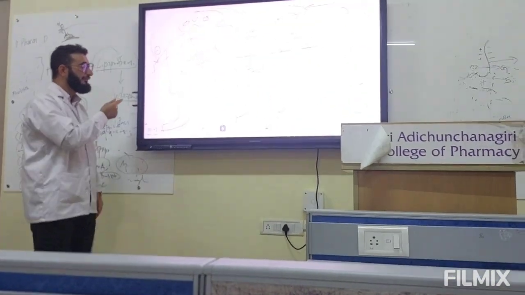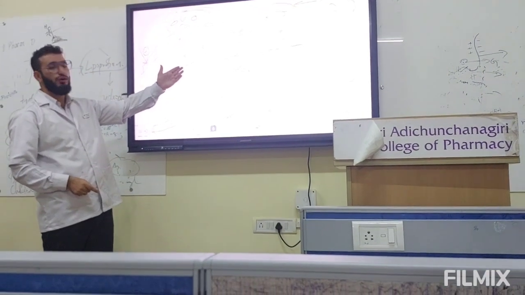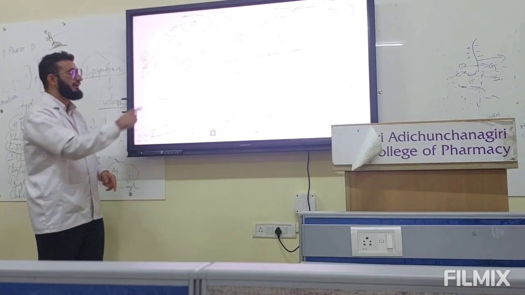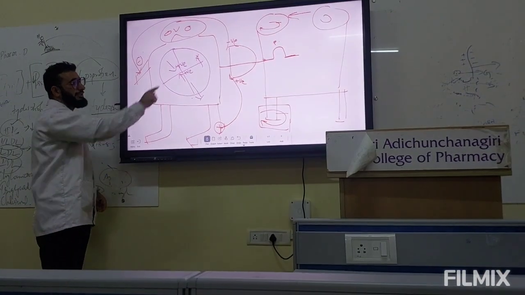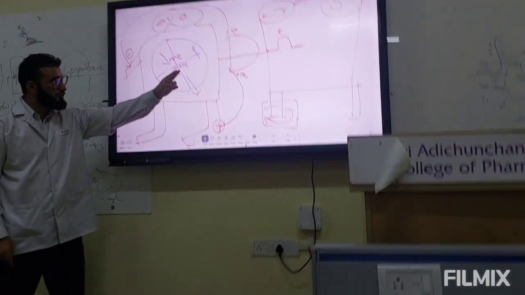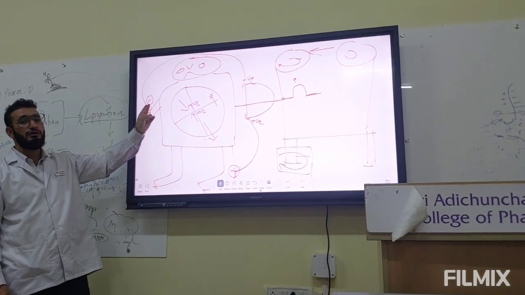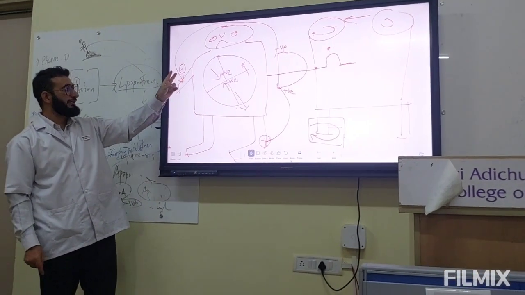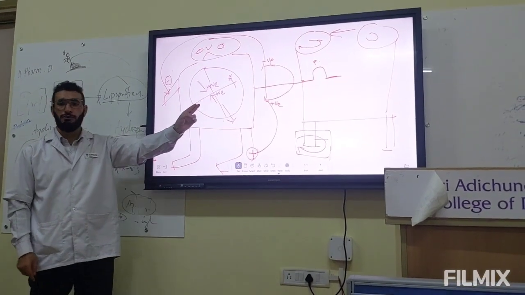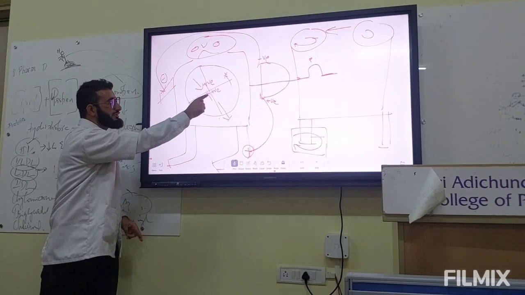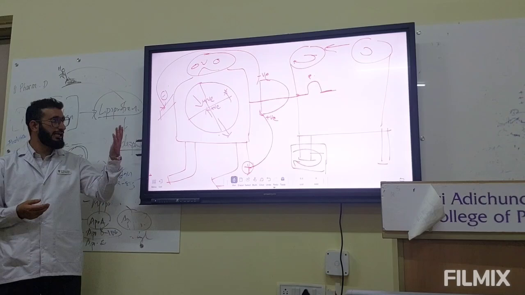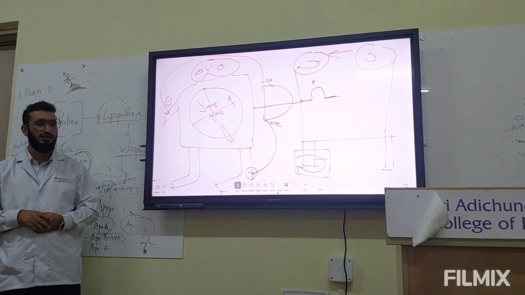When the current reaches from the AV node to the ventricle, which part will stimulate first? The ventricular septum. Septal depolarization carries positive charge towards the negative electrode, since we have applied the electrode on the right arm. So the deflection will be negative.